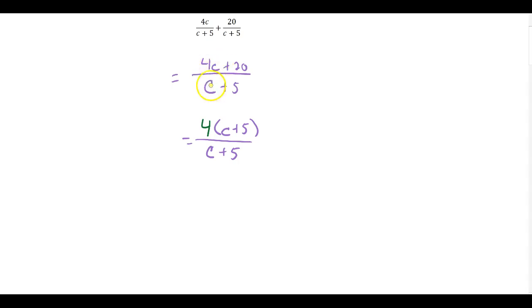I cannot cross out at this point because they're not the same and they've got plus signs. I can only cross out factor for factor. I can't simplify the 20 with the 5, anything like that. At this point, because I have 4 times c plus 5 and a c plus 5, then I can simplify by marking those out, leaving me with 4 over 1, or simply 4. Okay?